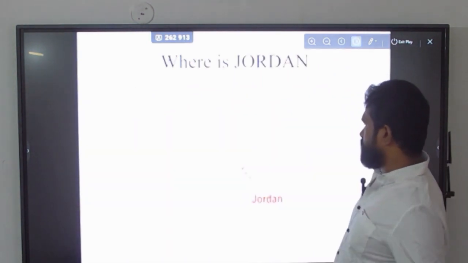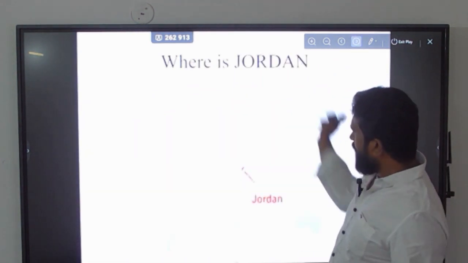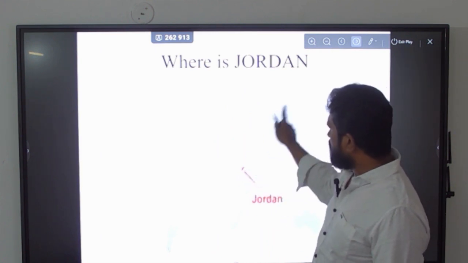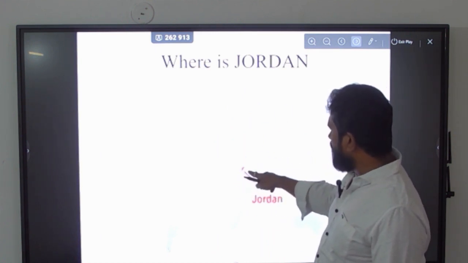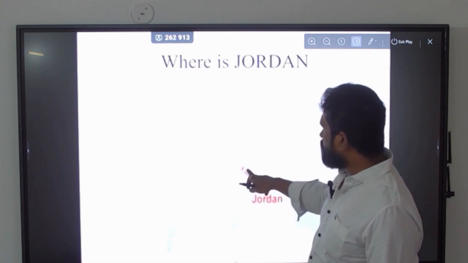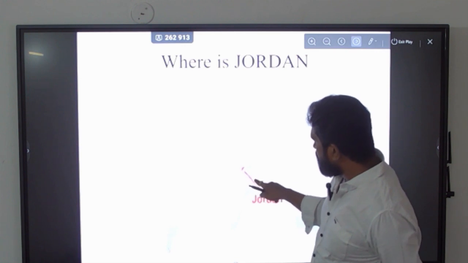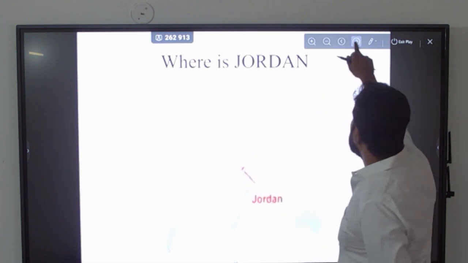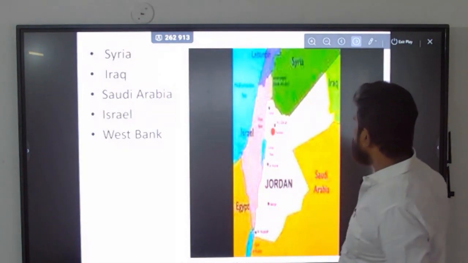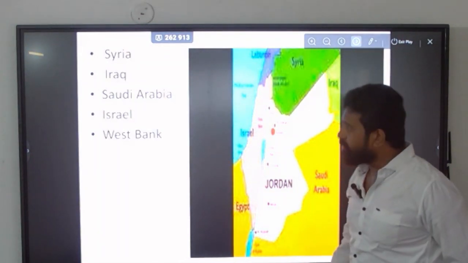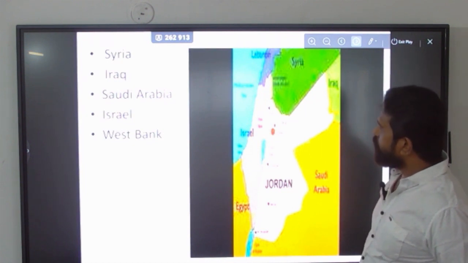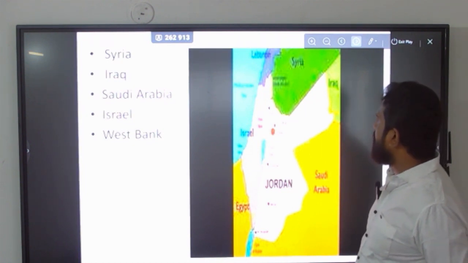Where is Jordan? First you should know about it. In the map, if I am seeing this, Jordan is somewhere in Asia, but I don't know where it is exactly. It is above this Africa and below this. You see these Arabian countries over there, Syria and over there. So there you will find Jordan. You see the countries which are surrounded by Jordan are Syria, Iraq, Saudi Arabia, Israel and West Bengal.